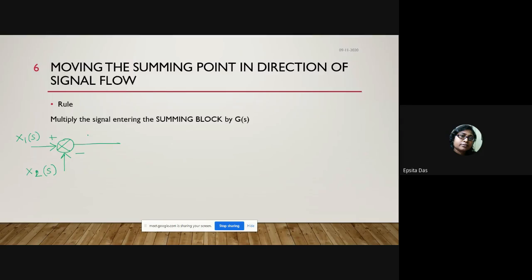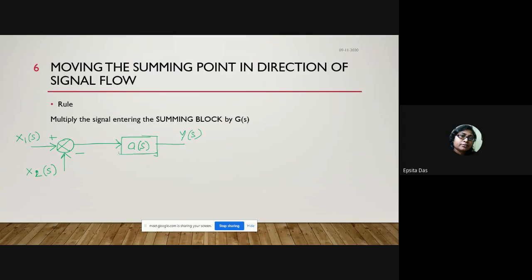So x1s minus x2s is coming, and this algebraic sum of the signals goes to a block called gs. This is my output, suppose ys.